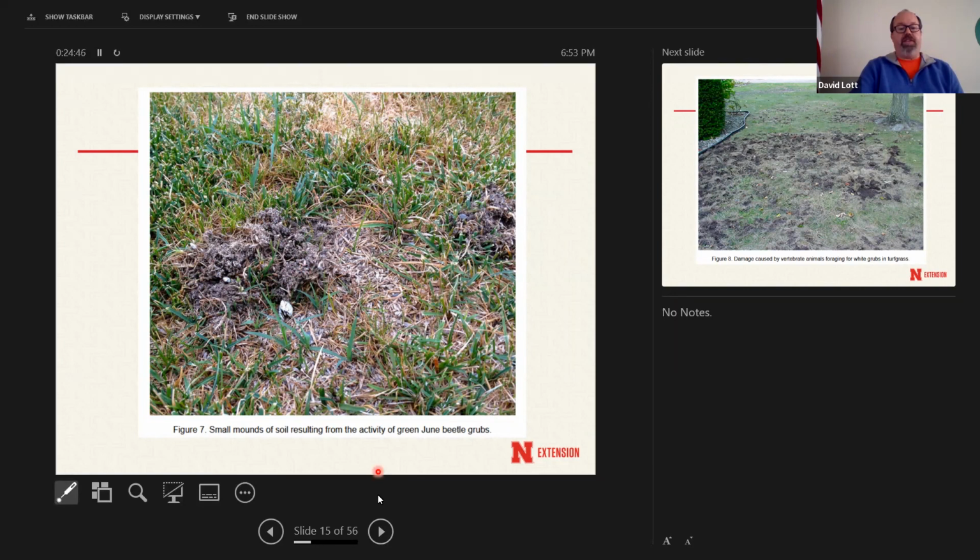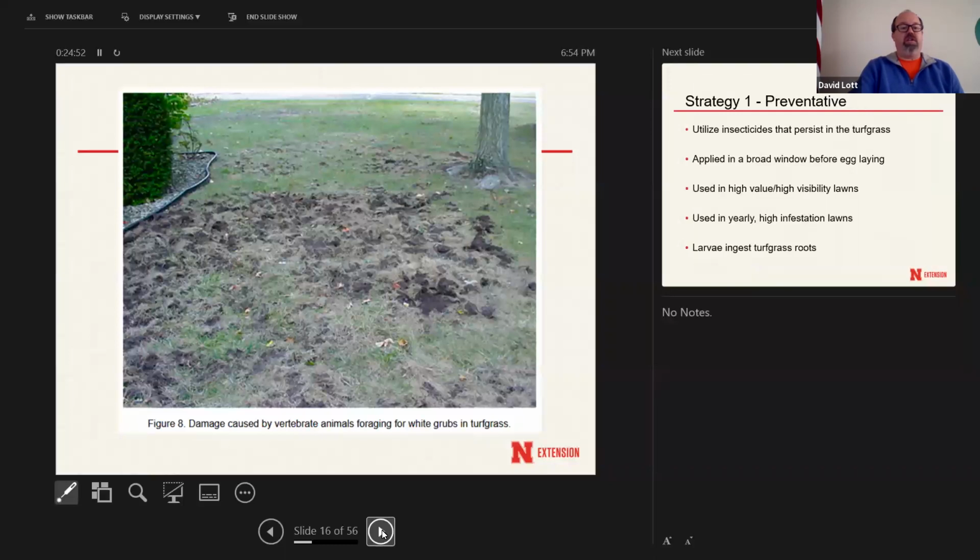And then this is a real problem, especially during a drought season: damage from vertebrates, including raccoons and skunks. They will pick apart the lawn looking for something to eat, especially in drought areas.